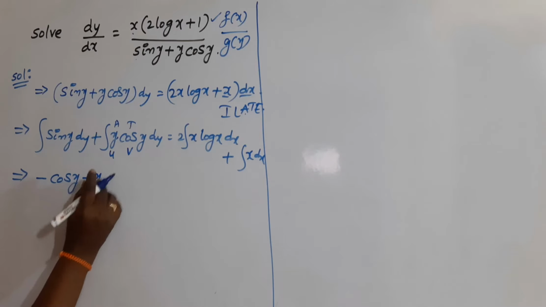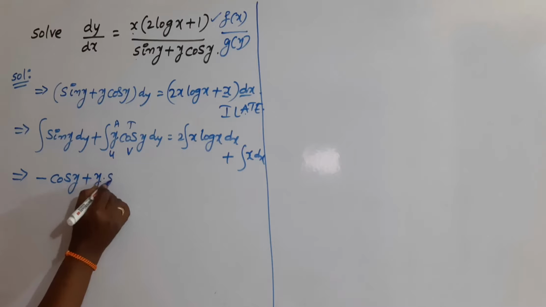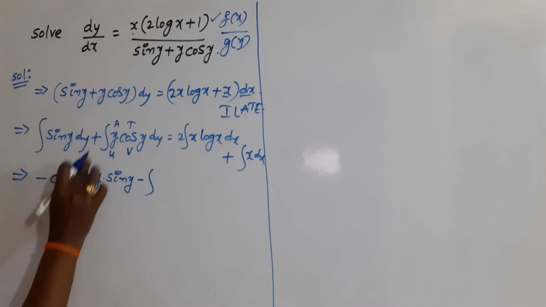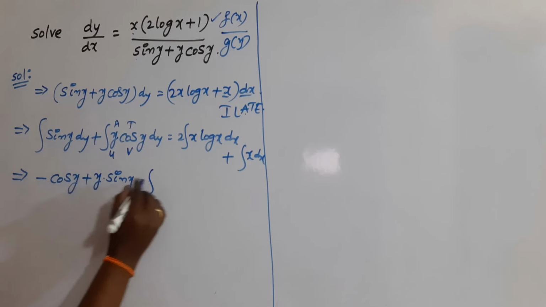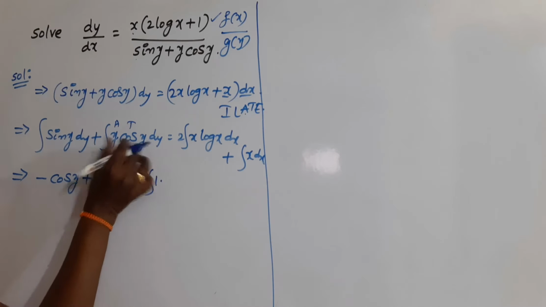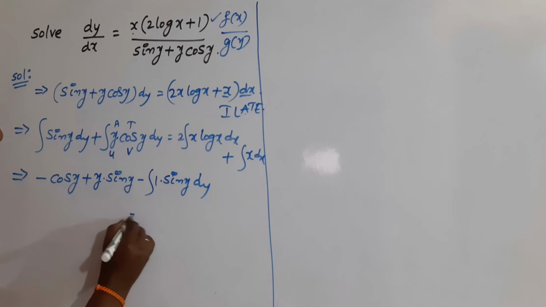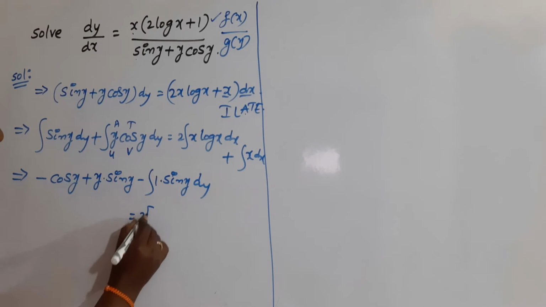So y into, what is integration of cos y? sin y, minus integration of derivative of the first function, which is 1, and integration of cos y is again sin y into dy is equal to 2 times of, open a bracket.